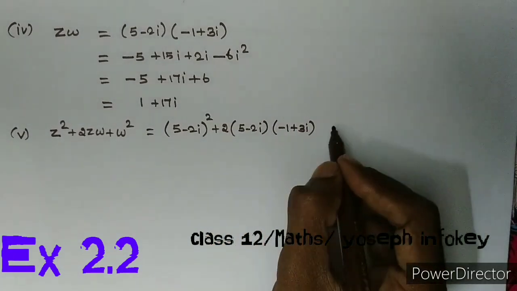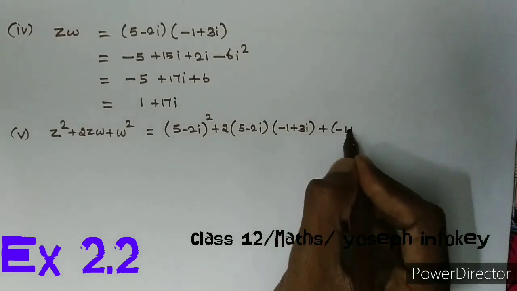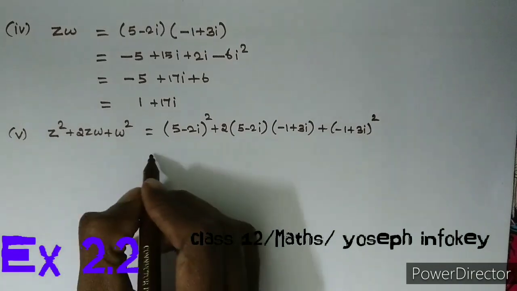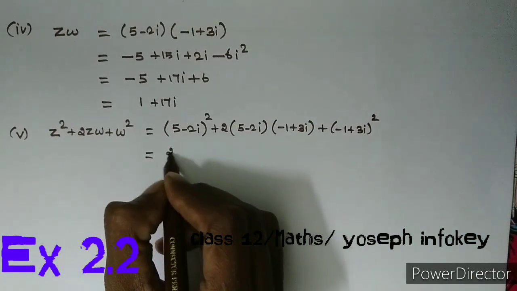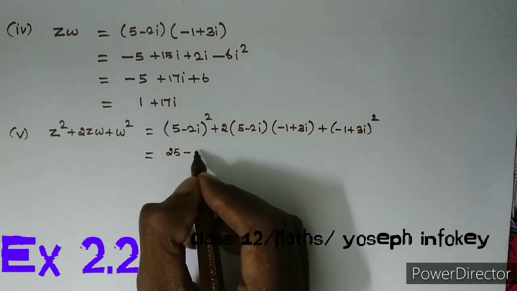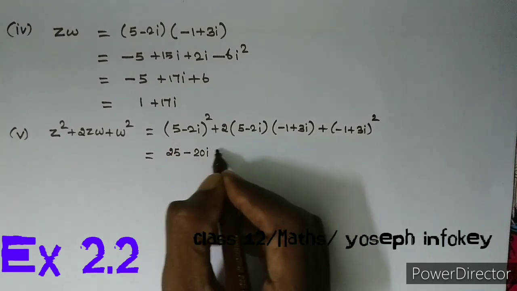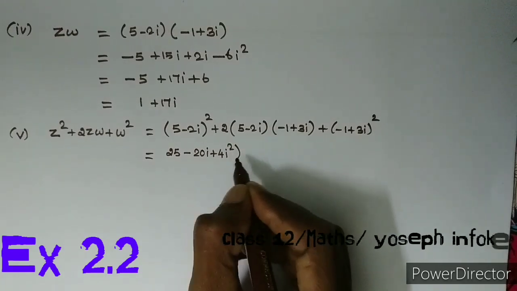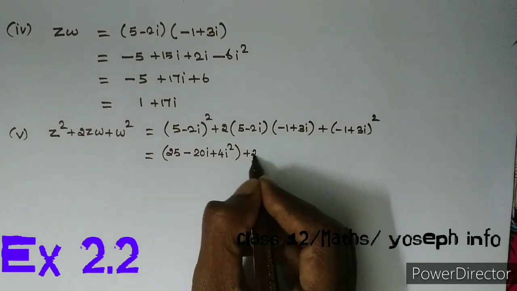So you can substitute in the normal way what is Z and what is W. By using the a minus b the whole square formula, a square value 25, 2ab value, that is minus 2 into 5 into 2, minus 20i, plus 2i the whole square, that is 4i square. This is my first term.